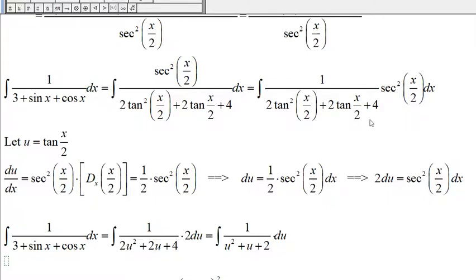And so this integral right here becomes 1 over 2u squared plus 2u plus 4, since secant squared dx is 2 du.